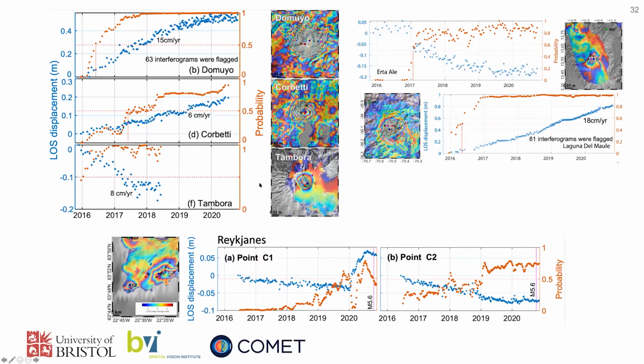These are very slow and sustained deformations. For example, for Domuyo here, the change is about 15 centimeters per year, and the Sentinel can detect it about 5 months after we start the time series. And for Cobanti, this is a slower rate of deformation, and of course the Sentinel detected a lot later that something changed.